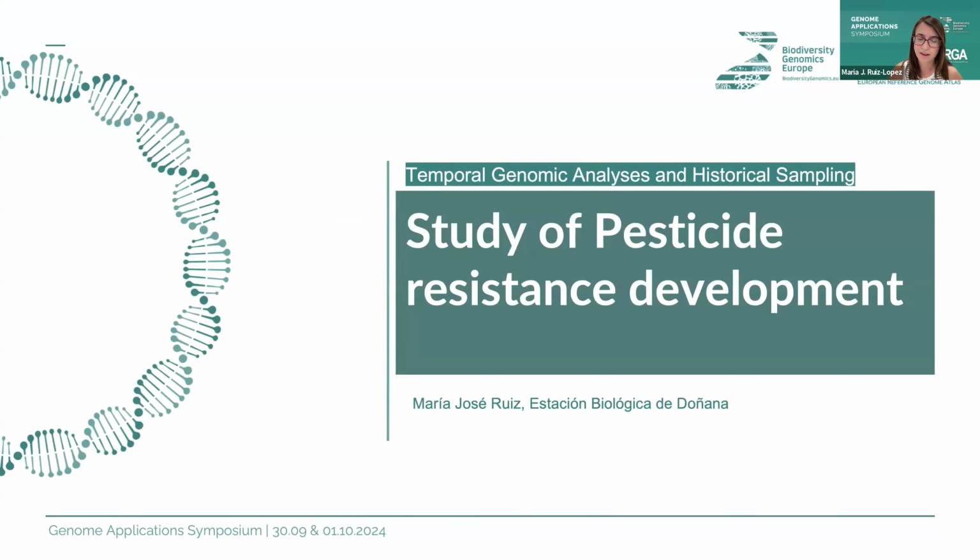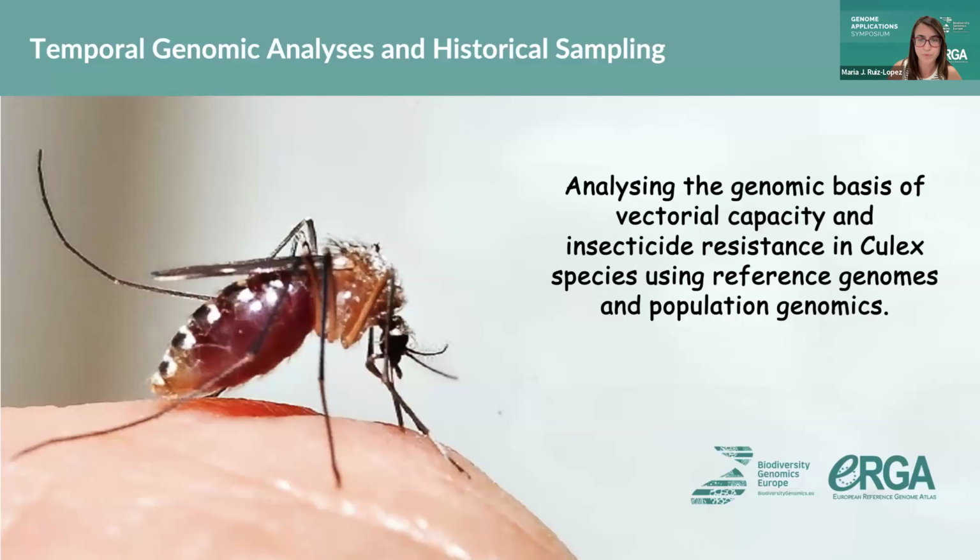So, as we are going to talk a little bit about a couple of case studies, I'm going to be very brief because I already explained mine this morning. I'm going to focus on the study of pesticide resistance development in mosquitoes. Vector-borne diseases are growing, and we are focusing on Culex species that are common in Europe.